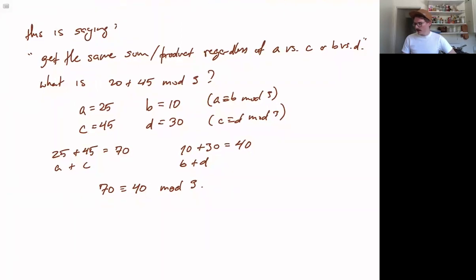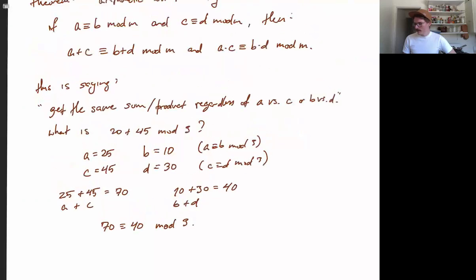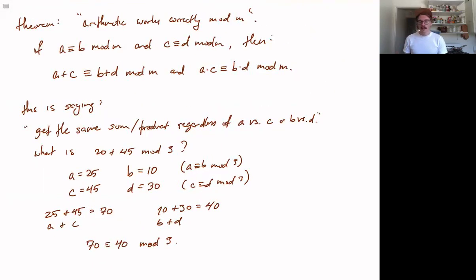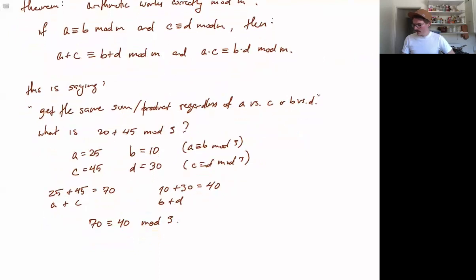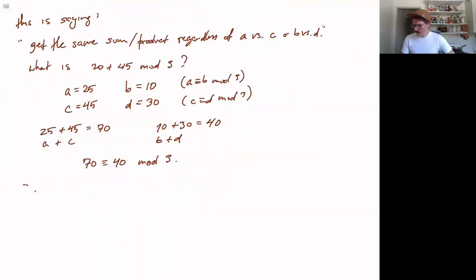So that's the first upshot of the theorem, that the sum you get doesn't depend on where you started from, as long as they were congruent to start. The second thing I want to say is that this means we can reduce mod m at any time.